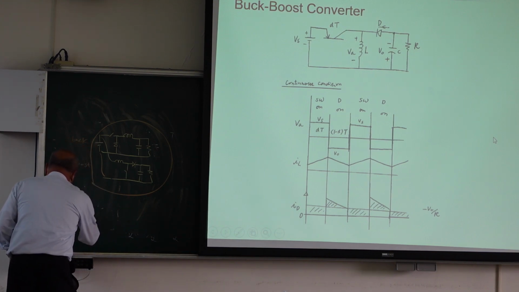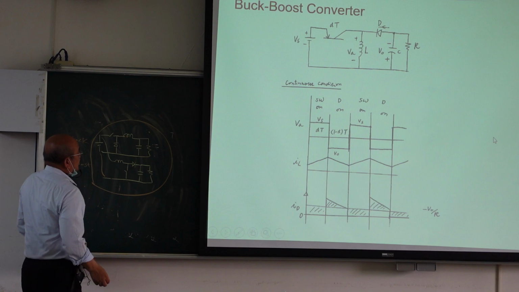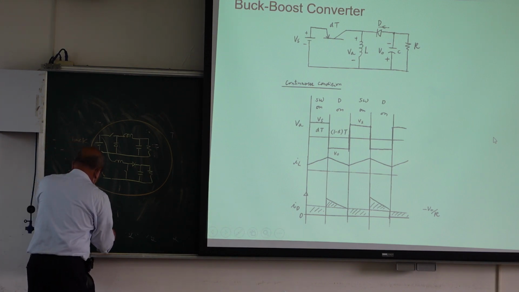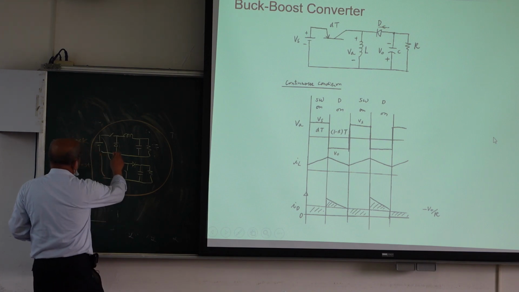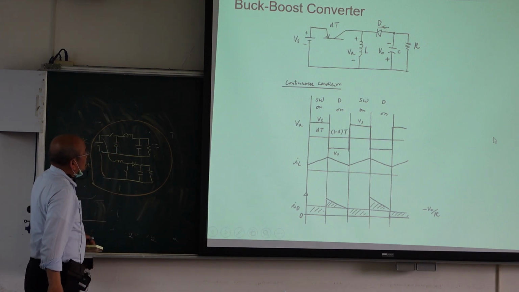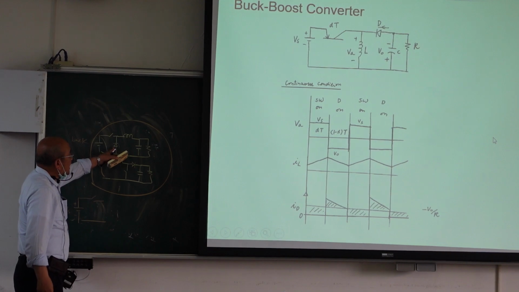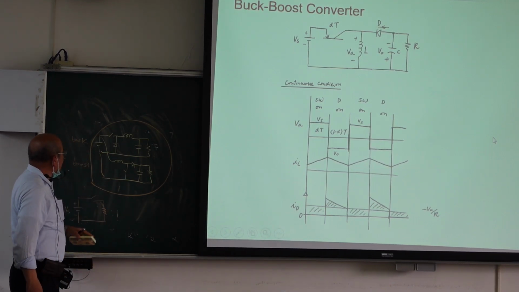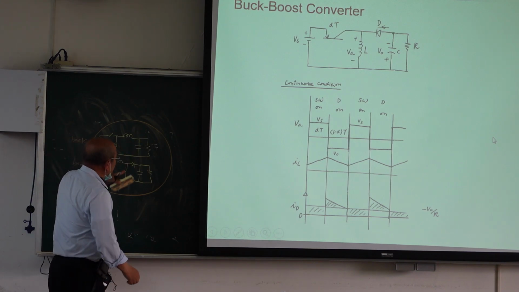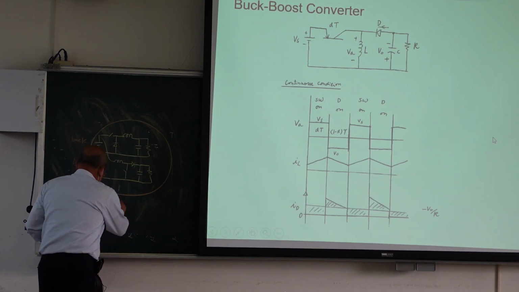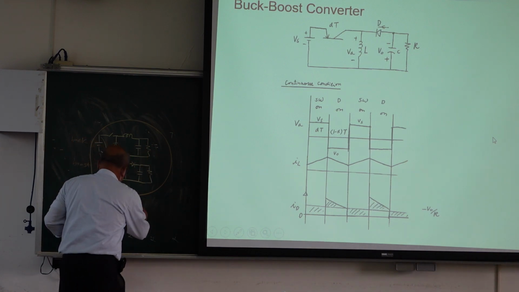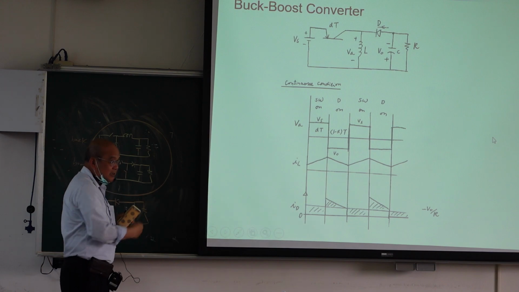I have VS, then I have a switch, very similar to this. But now I change the diode to an inductor, and I change my inductor into a diode. I keep this one the same, and this one the same. Then this is my circuit.